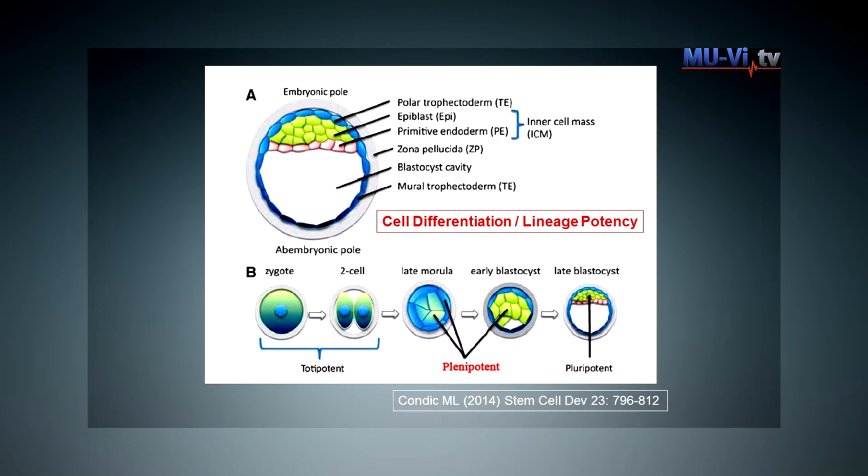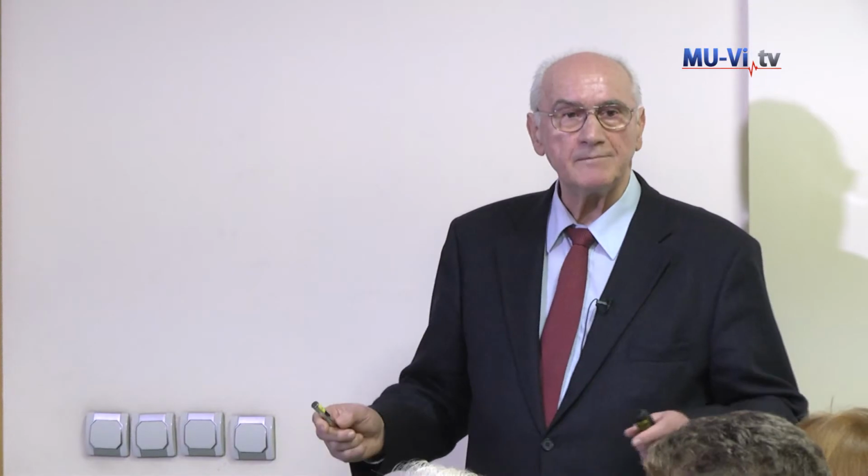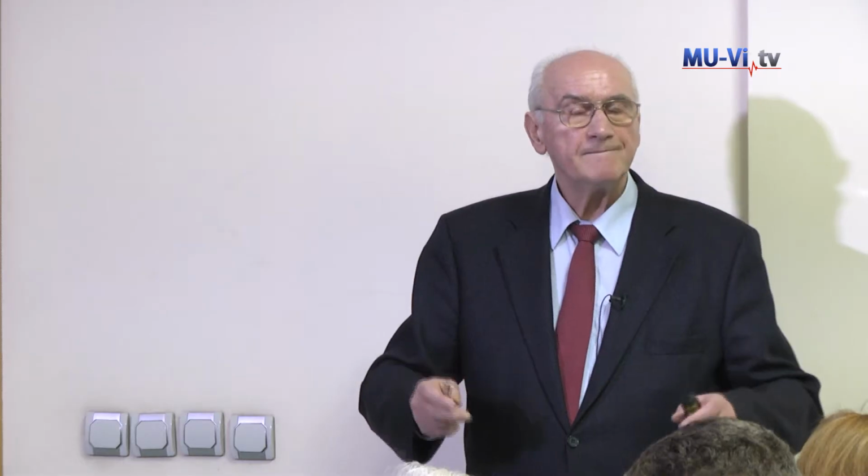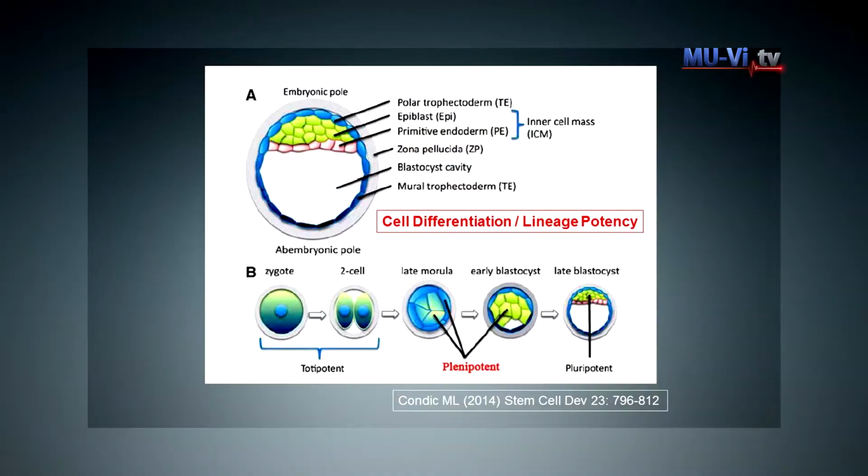New studies show that the first products of the dividing of the zygote are totipotent. That means that during the division and the differentiation of the cells, they reduce their potency. At the beginning, these cells are totipotent. Totipotent means that this cell can build a whole new organism with all what it needs.